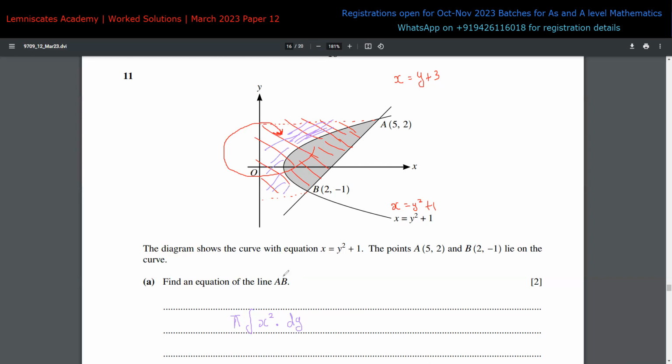We know that x square for the line will be (y plus 3) squared, and x square for the curve will be (y square plus 1) whole squared, right? So we need to find everything below the line minus everything below the curve and multiply it with pi, right? That will give us the volume of this shaded region. So let us go ahead and do this. Let me scroll down.